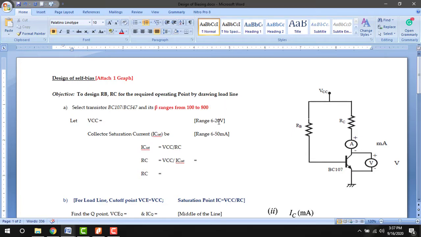The VCC value has a maximum of 50 volts, but we assume some range. The range given is 6 to 20 volts, so we can choose any voltage in between that. I am going to choose 12 volts DC for the supply voltage.